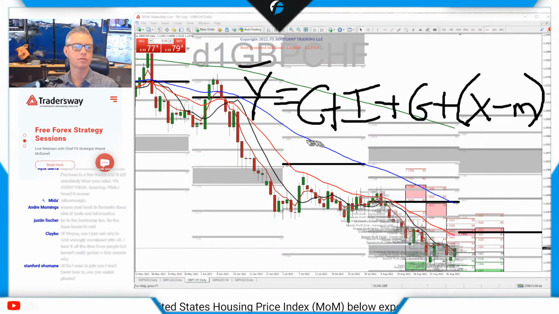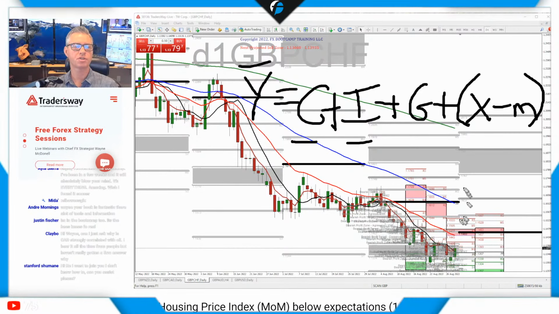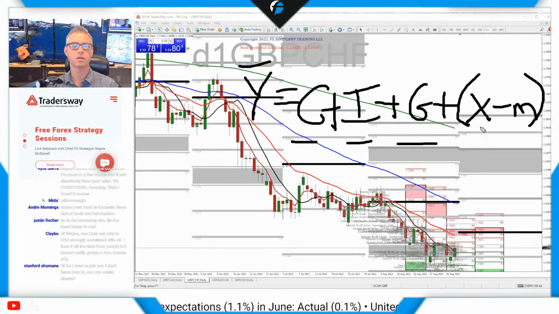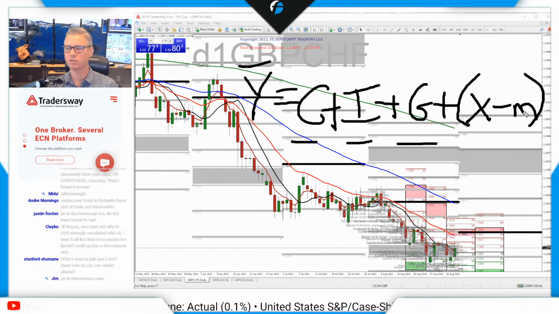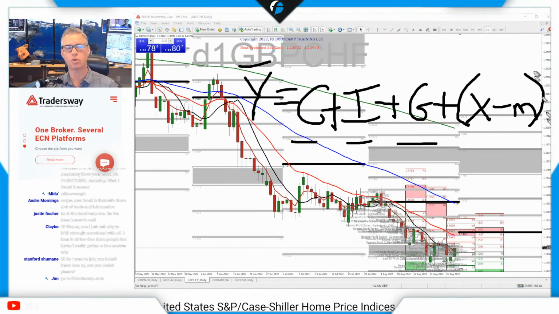This is a measure of consumer spending, business spending, government spending, and foreign spending, spending by foreigners. Stuff you export minus the stuff you import. So it's either a positive or a negative integer. In this case, Canada exports more than it imports, so that's a positive number.